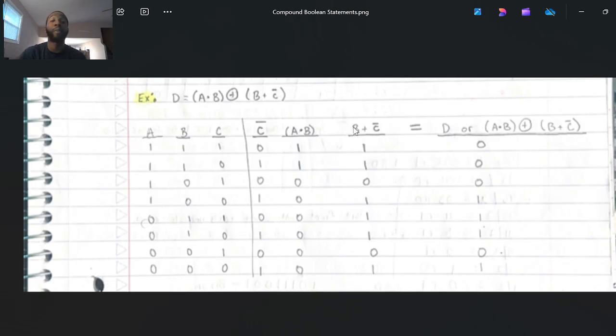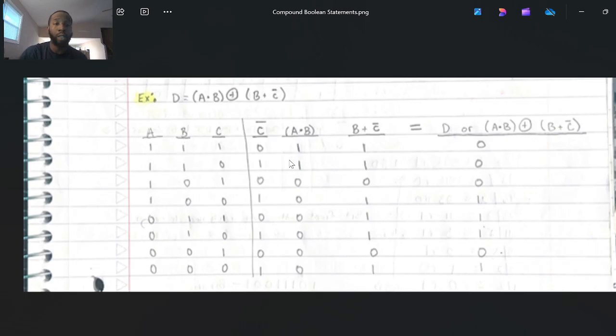Next, we want to solve for B or not C. All right, so we're going to look at these two rows. Do we have B or not C? So we have a 1 in B, we have a 0 in not C. Since we have a 1 in B, we still put that 1. And that's the OR operator. Same thing next row.